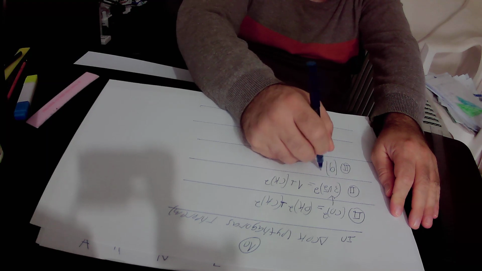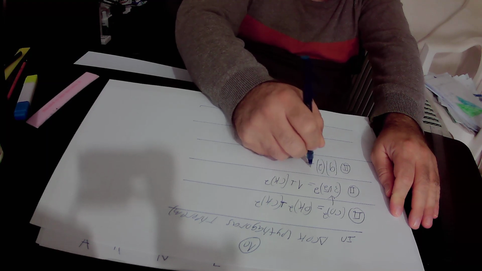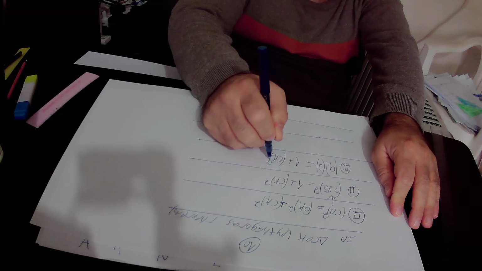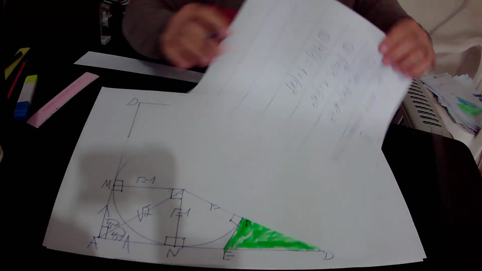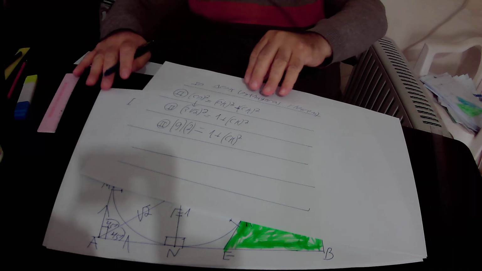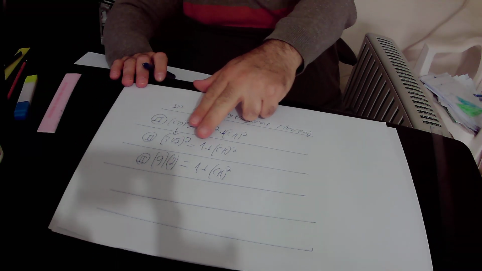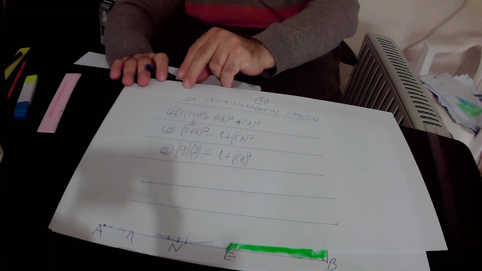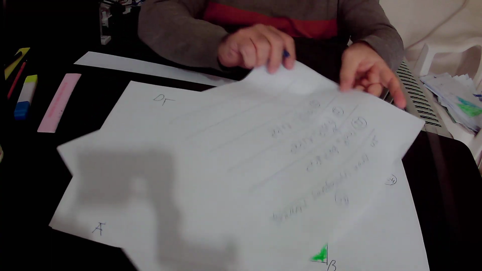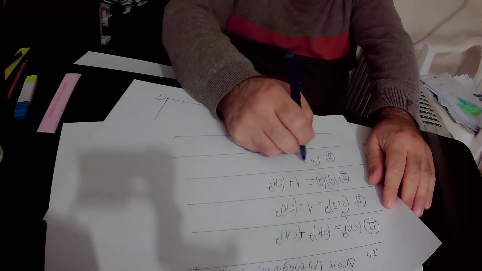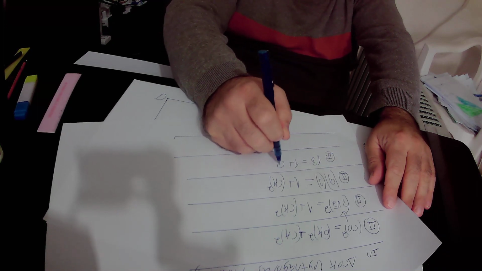Nine times 2 equals 1 plus CK square. So here 9 times 2 is 18. I'll write it down. 18 equals 1 plus CK square.